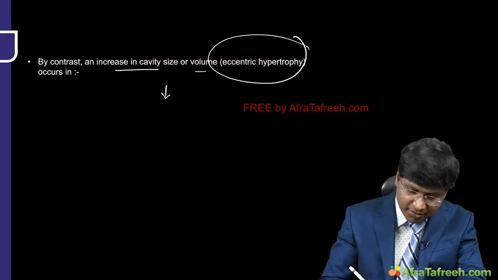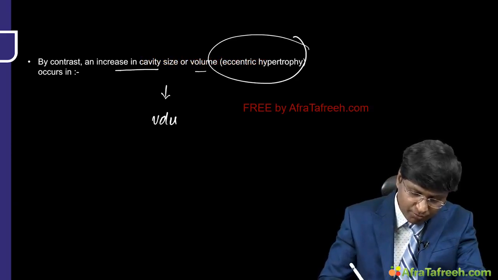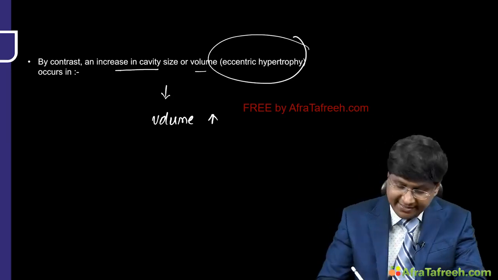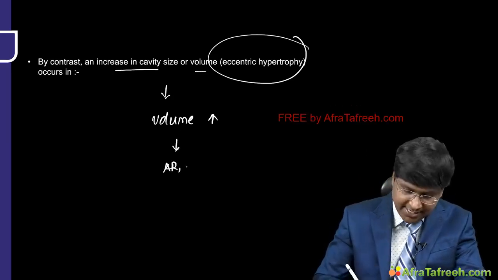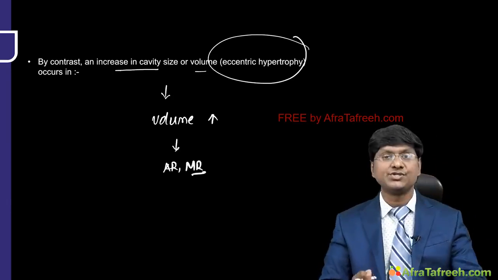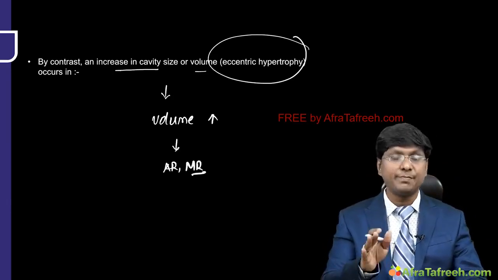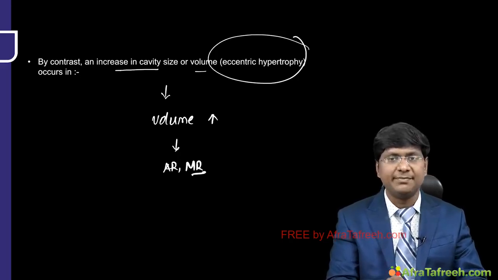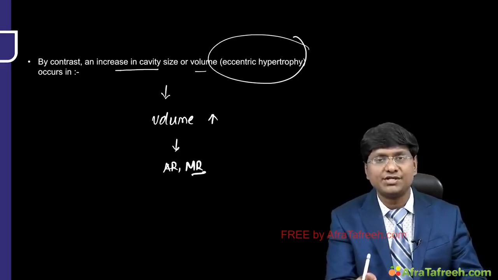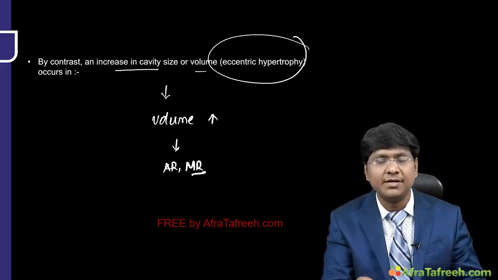These volume overload conditions include aortic regurgitation and mitral regurgitation. So pressure overload conditions cause remodeling in the form of concentric hypertrophy, and volume overload conditions cause cardiac remodeling in the form of eccentric hypertrophy.